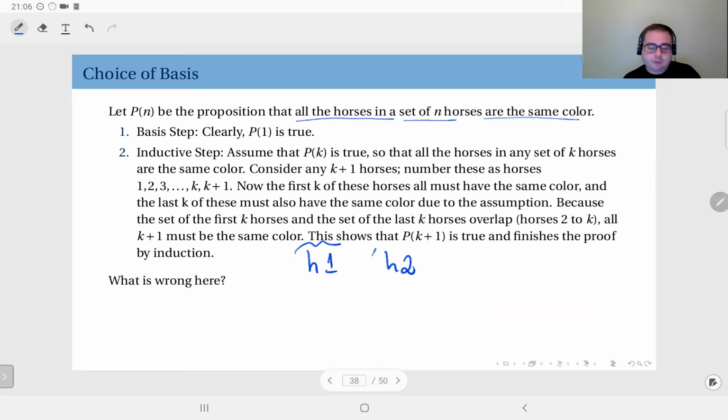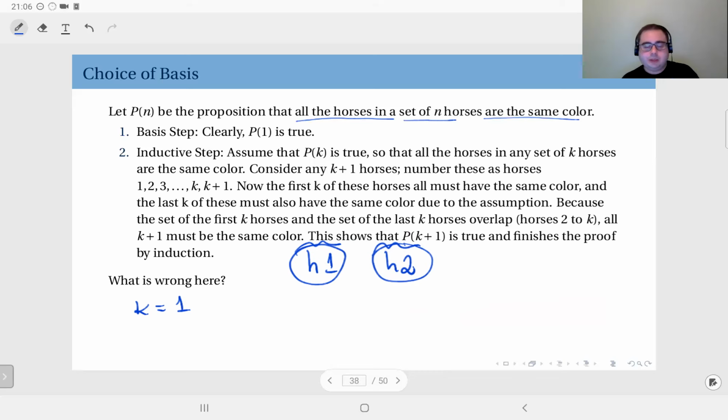And this is another collection of one horse. In the case of k equals 1, each is a collection of k horses, but you see they do not overlap.